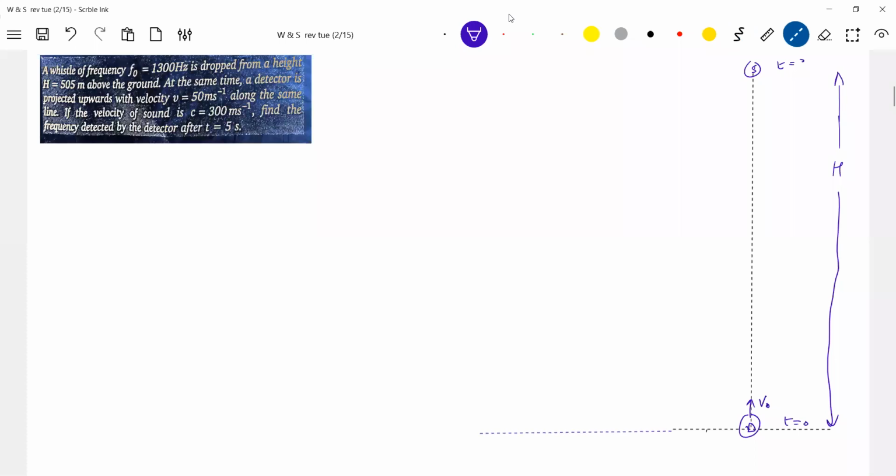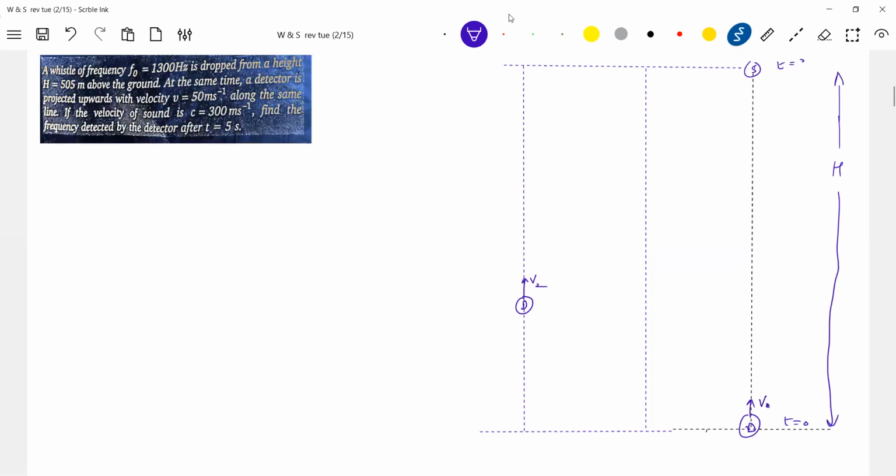no need to construct a diagram. If you are really able to imagine, no need of this one. I feel no need of constructing a diagram also. So the detector will be somewhere here, no? V2, I'll write it, so VD2, velocity of detector.